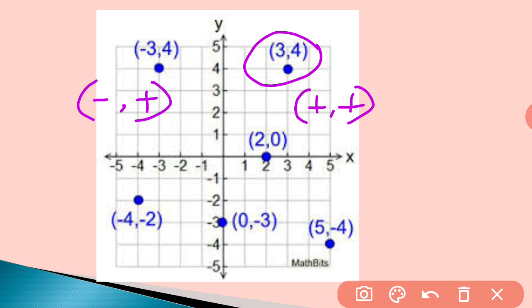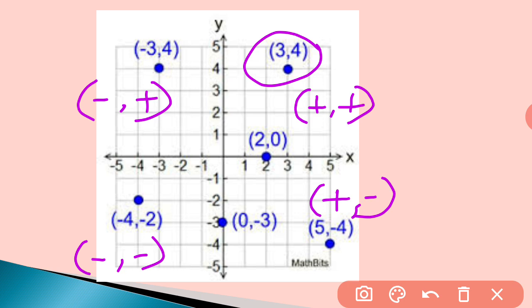So any point which lies in the second quadrant will have its x coordinate as negative and the y coordinate as positive. For the third quadrant, it is both negative. Whereas if I study the fourth quadrant, the first number is positive and the second one is negative. That means x coordinate is positive and the y coordinate is negative.